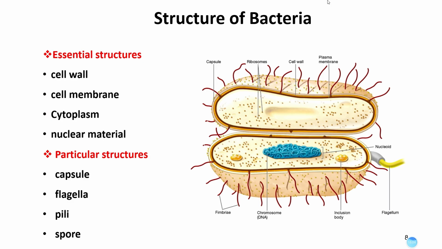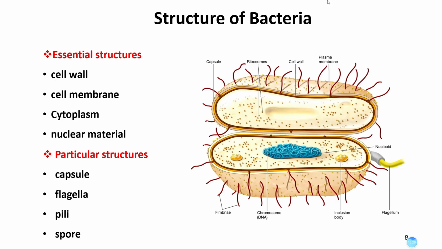Also, some bacteria have flagella, which is the locomotion organ of the cell. The flagella can move so that they propel the cell to swim or move. And also pili, the hair-like structures on the cell surface.